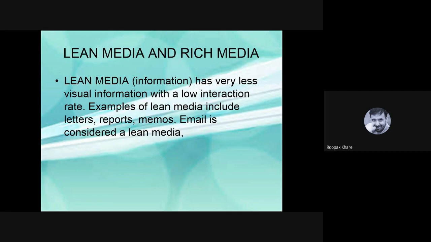A major part of our communication is done non-verbally. Along with the words, there is so much that we convey non-verbally, right? So if the visual information is missing, it is called a lean medium. Examples are letters, reports, memos, etc. Even email.